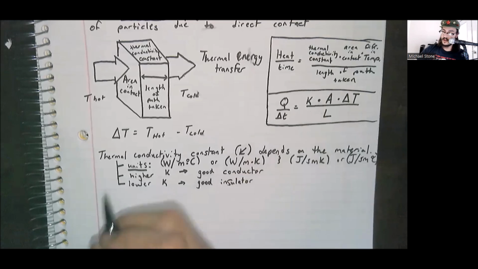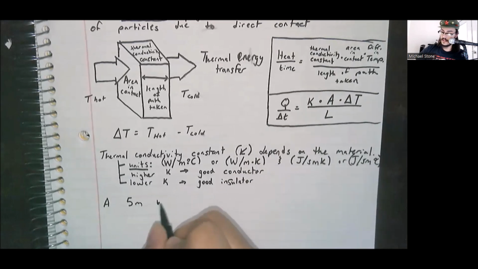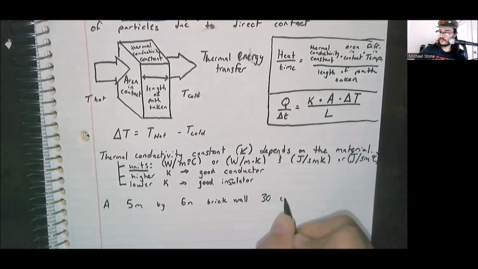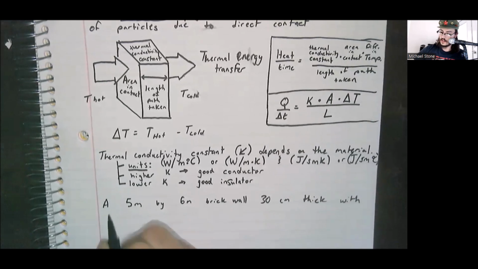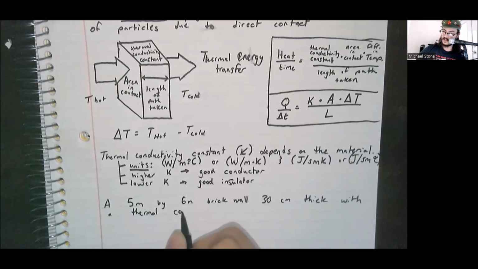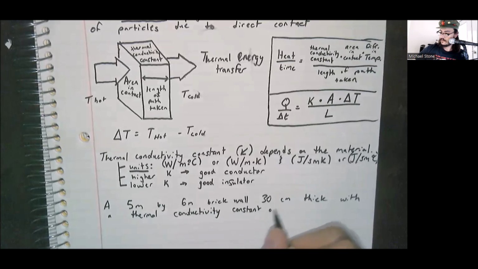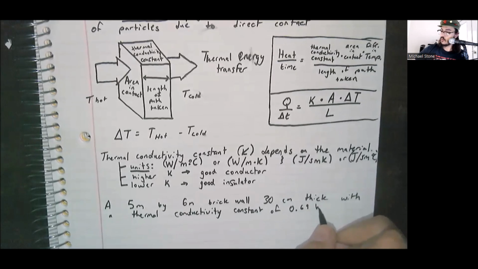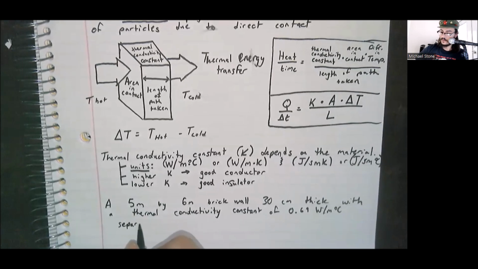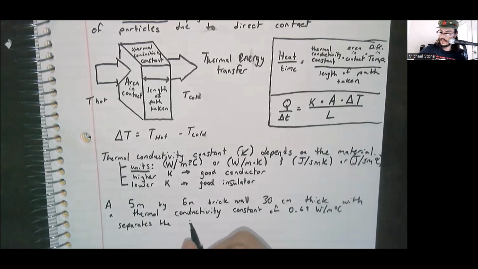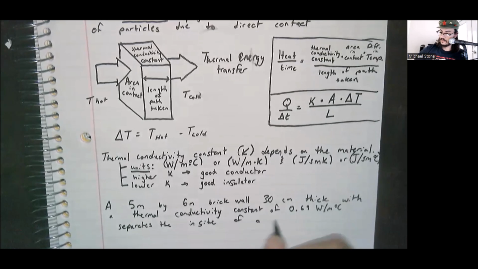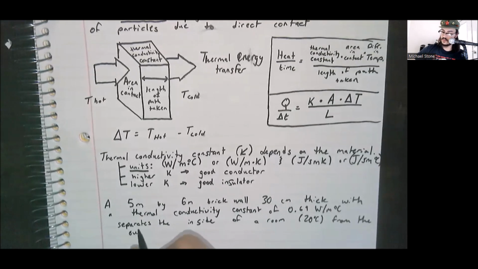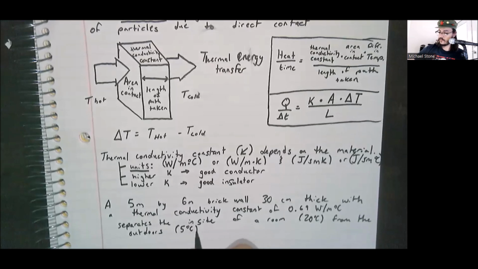We've got a new formula. It's time to take it for a test drive. A 5 meter by 6 meter brick wall, 30 centimeters thick, with a thermal conductivity constant of 0.69, nice, watts per meter degree Celsius, separates the inside of a room, 20 degrees Celsius, from the outdoors, 5 degrees Celsius.